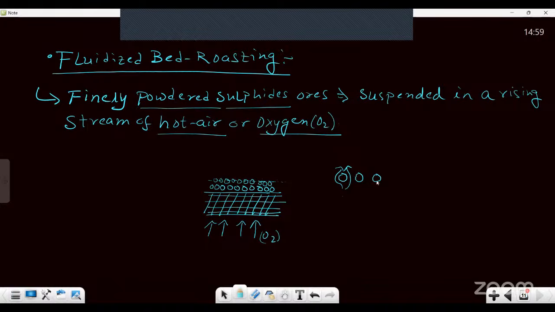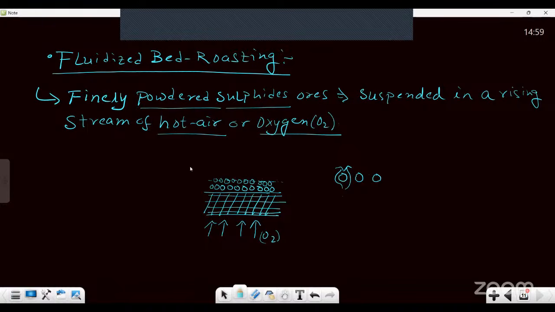So, they are all suspended in the air. Okay, and there will be more efficient heat transfer also between the air and the particle. So all this will basically accelerate the process of your roasting. That is the main idea of the fluidized bed roasting.